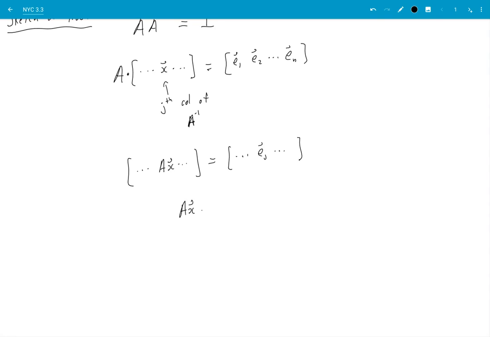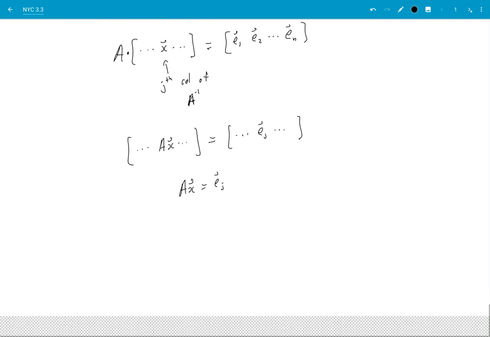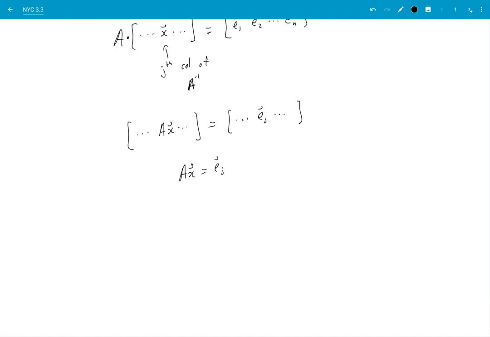So we conclude that AX has to equal EJ. Okay, so what do we do here? We apply Cramer's rule to this system of equations.